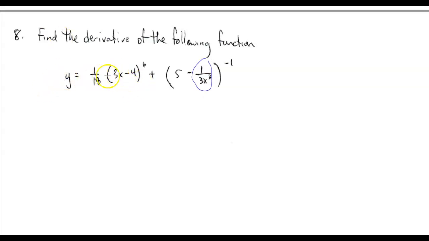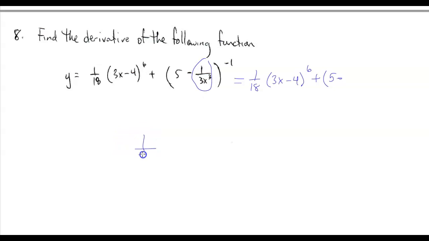So if we are going to rewrite this function here, of course, our first term will stay the same. Our second term, though, will be 5 minus, and notice that this is 1 divided by 3x cubed.